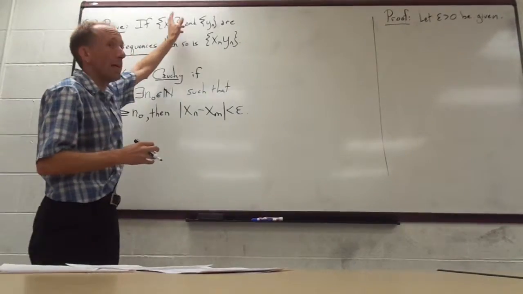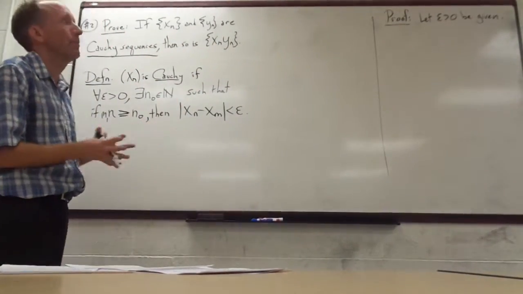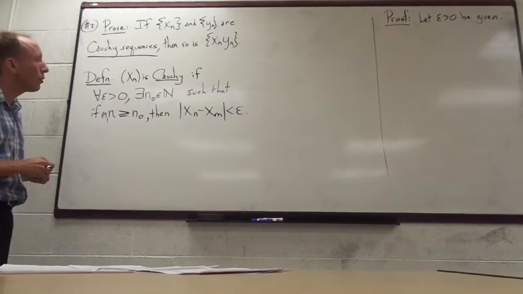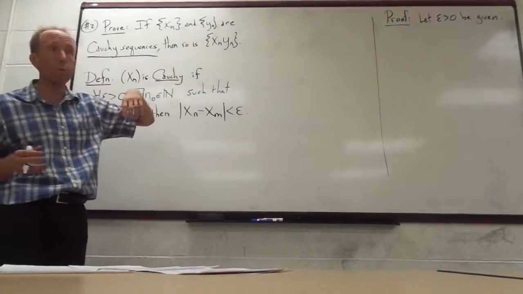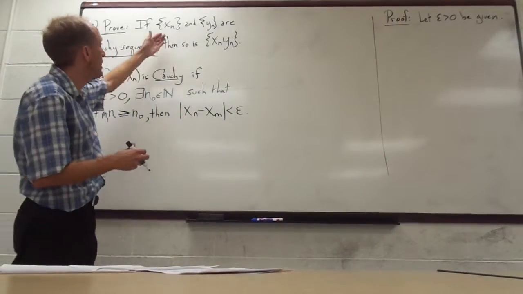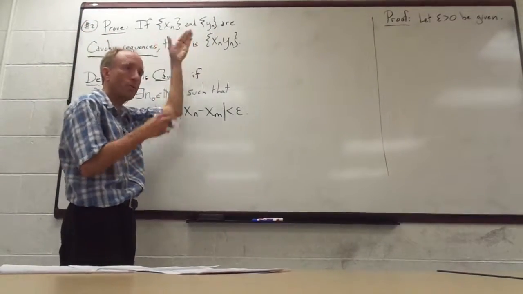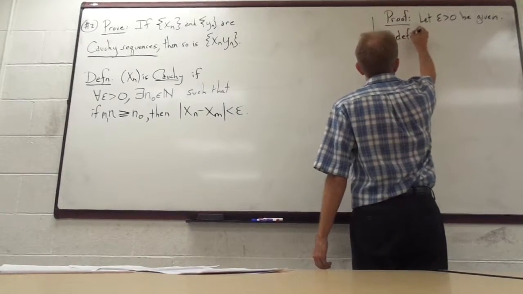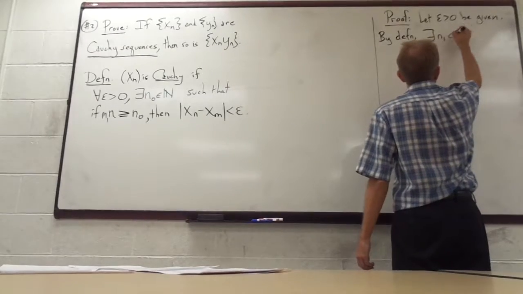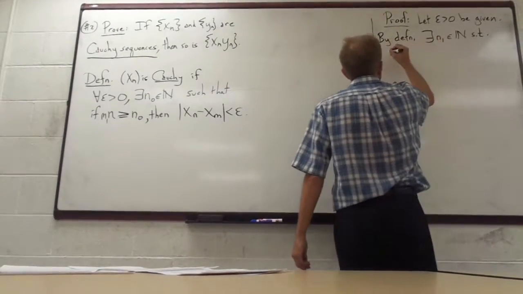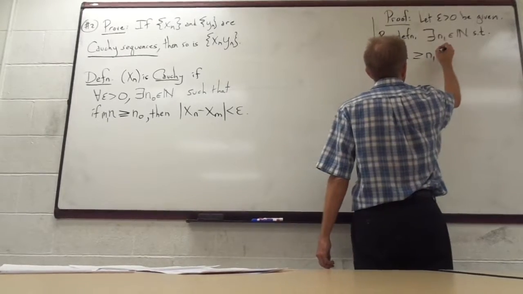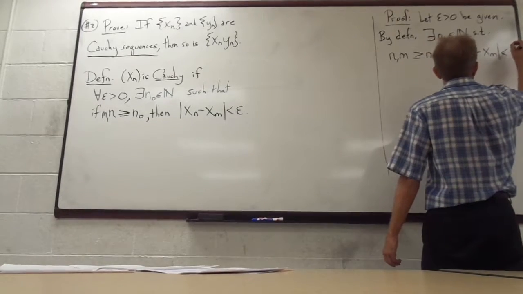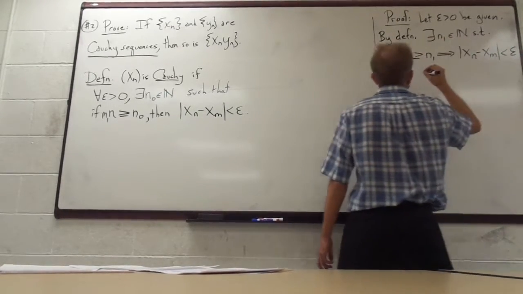Now, of course, xn and yn are already both Cauchy. So there already exists, and maybe I'll call it something else because our final n naught is going to come later. But at least for right now, there's an n1 and an n2 for these two sequences. Then, by definition, there exists an n1 in the natural numbers such that n and m greater than or equal to n1 implies absolute xn minus xm less than epsilon.